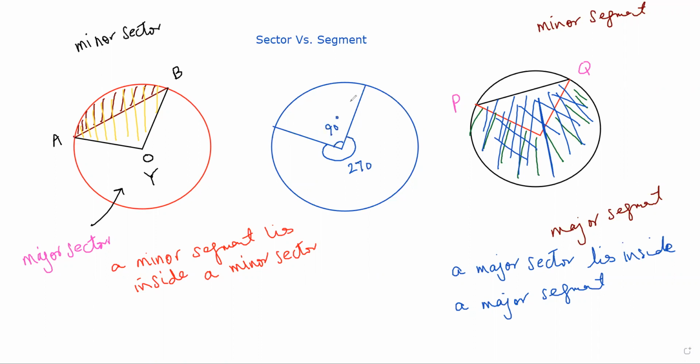So the smaller sector will have the smaller angle at the center, and the major sector will have the bigger angle at the center. Acha. Now I have to tell you how to find the area of the segment and the area of the sector.